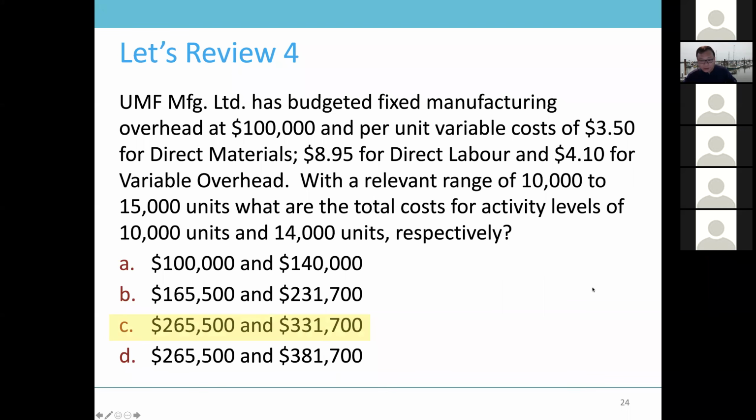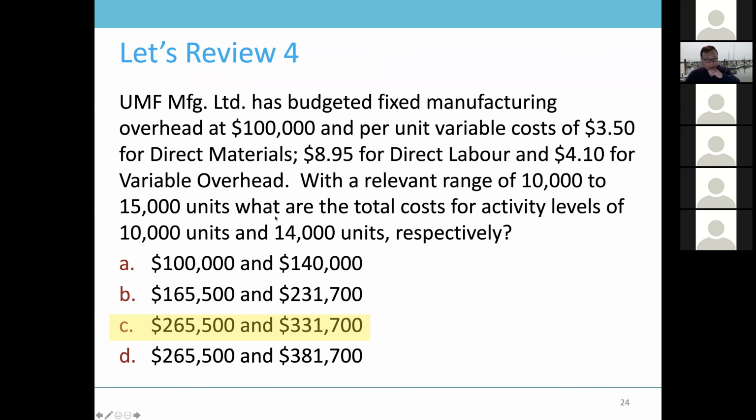So why? This is how I do it. For the variable cost, we have 3.5, 8.95, 4.10. If I add these two, 8.95 plus 4.10, this is going to be 13.05. Then 13.05 plus 3.5 is 16.55 per unit.